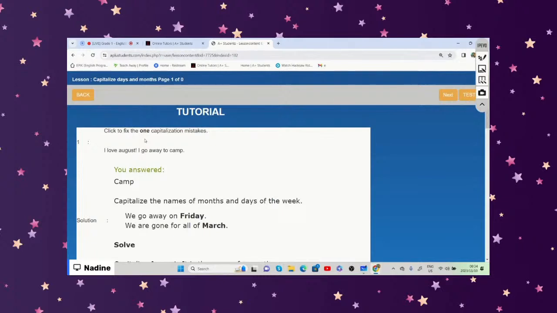So we must also fix the one capitalization mistake within the sentence. I love August. I go away to camp. So if we choose the capitalization mistake, then it's going to be August.